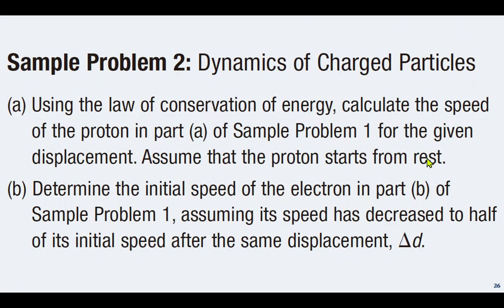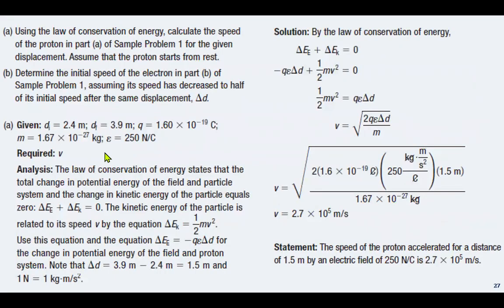All right, let's have a look at this question together. So in question A, we know the law of conservation of energy states that the total change in potential energy of the field and particle system, and the change in kinetic energy of the particle should equal 0, right?